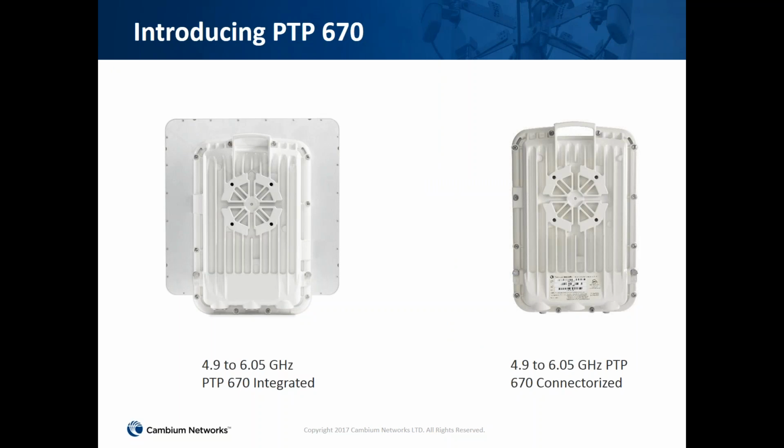The connectorized version, you can connect with any antenna dish. So you can use it with any of your dishes, especially if you want to go really long distance, or you can pair it up with some other antenna. But the integrated comes with a 23 dBi flat panel, which focuses more on simple point-to-point distance as well.